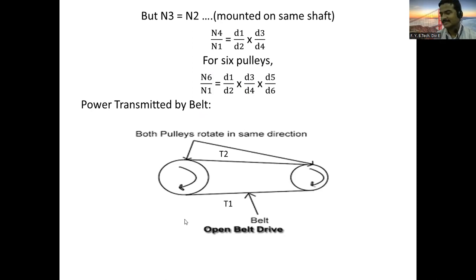Similarly, if there are 6 pulleys, or 8 pulleys, how will you write the equation? For 6 pulleys, N6 by N1 is equal to D1 by D2 into D3 by D4 into D5 by D6.